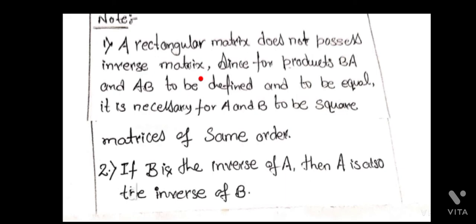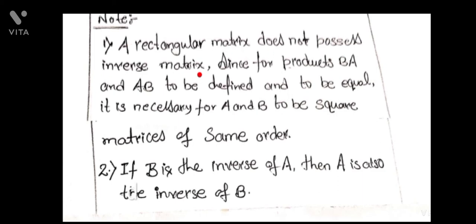Because for the products AB and BA to be defined and to be equal, it is necessary for both matrices A and B to be square. If they are not square, then AB and BA will not be defined, so we cannot get the products. So a rectangular matrix does not possess an inverse matrix.